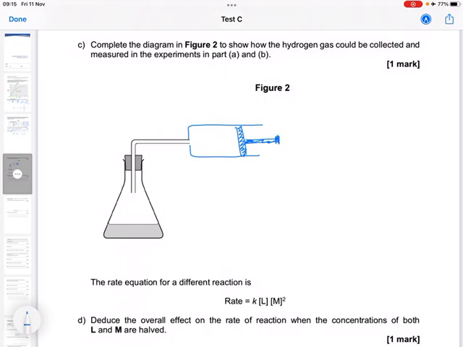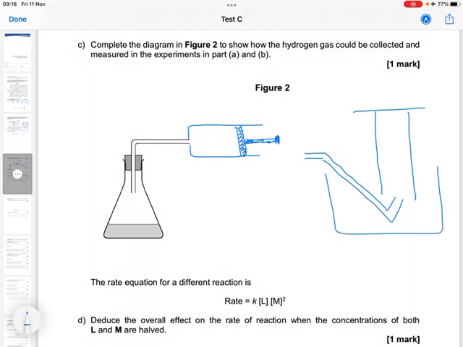The alternative, if this was the pipe coming off, is what you probably used to do at GCSE, where you collected it in an upturned measuring cylinder in a flask of water like this. Again, make sure that everything is sealed, that there are no gaps, and that it's a proper cross-section. So 1 mark for either of those diagrams.